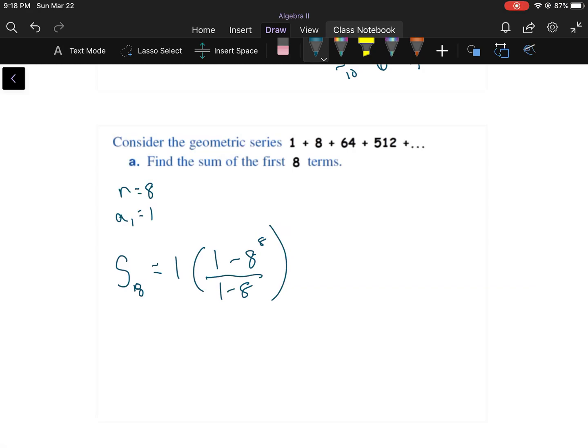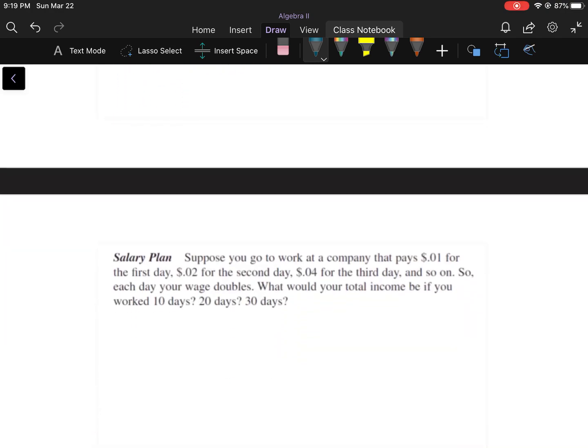I'm going to go 1 minus 8 raised to the 8th power. Okay, divide by a -7. Okay, times 1 is not going to change anything. The sum of the first 8 numbers are 2,396,745. Again, gets really large because you are dealing with exponential growth.